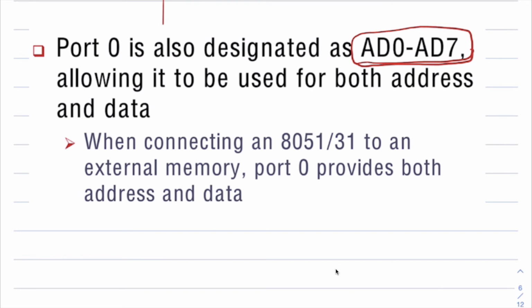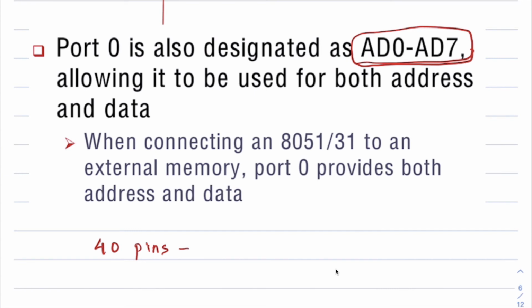It is not only a simple input output port, it is also used for accessing the external memory, because we have only 40 pins for 8051 and a lot of functionalities to be done with 8051. So most of the 8051 pins have multiple functionalities.